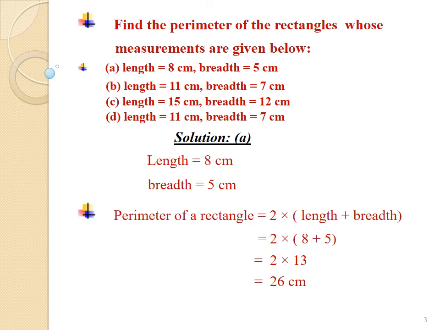Students, note that first of all, you have to solve the bracket and then you have to multiply the sum which you obtain by 2. Thus, adding 8 plus 5 and keeping 2 as it is, we get 2 into 13. Now, multiplying 13 by 2, we get 26. Thus, perimeter of a rectangle equals 26 centimeters.